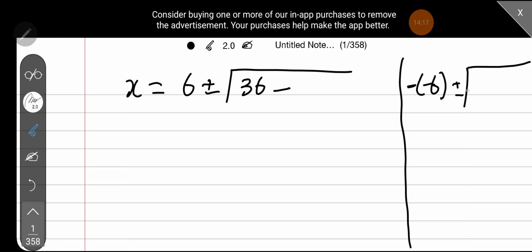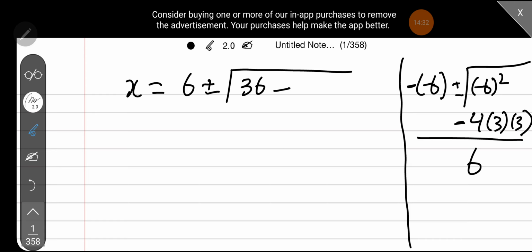So to rewrite this equation, this 2 will make it 24, and this is 6.